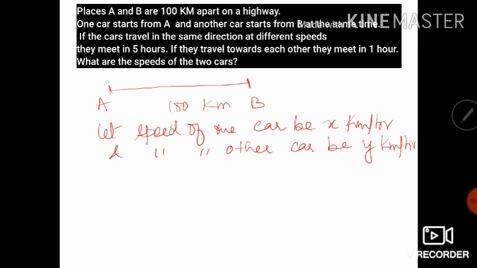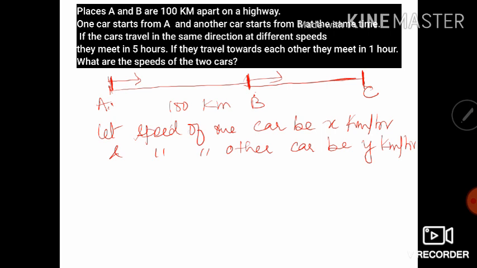So if both of them start at the same time and move in the same direction, they meet at point C after 5 hours. So let's say here is the point C where they meet. So the time taken by the first car that starts from A to reach C is 5, and the time taken by the second car to travel BC is also 5 hours.